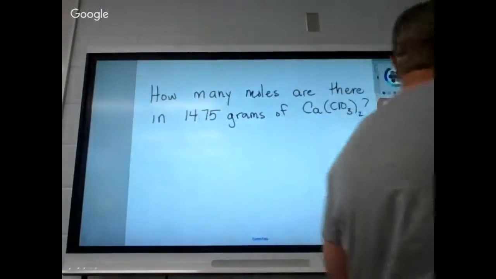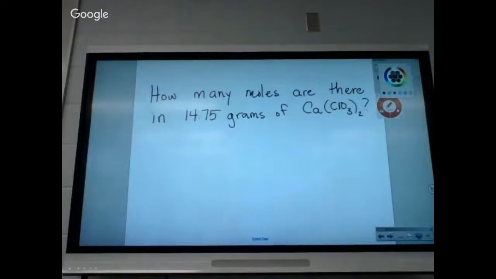All right, how many moles are there in 14.75 grams of calcium chlorate?